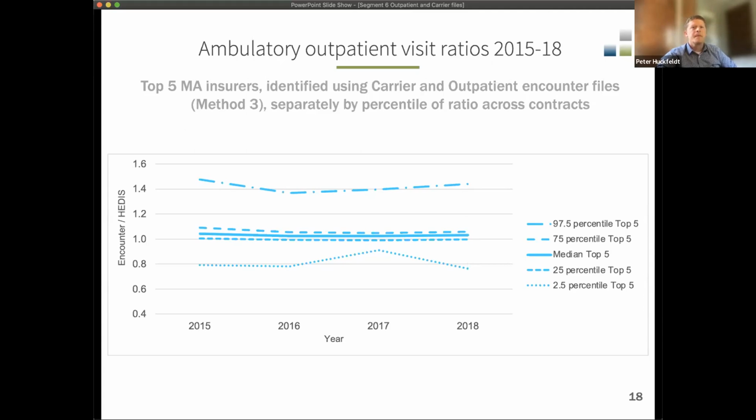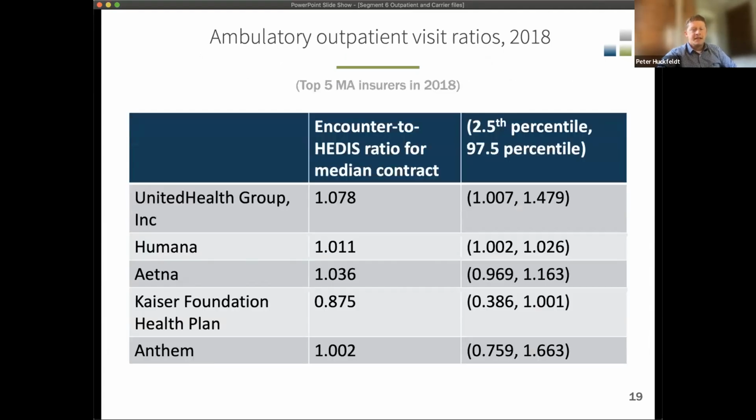Then looking at outpatient visits for the largest Medicare Advantage organizations in 2018, the first column displays the encounter to HEDIS ratio for the median contract, and the second column shows the range between the 2.5th and 97.5th percentile.